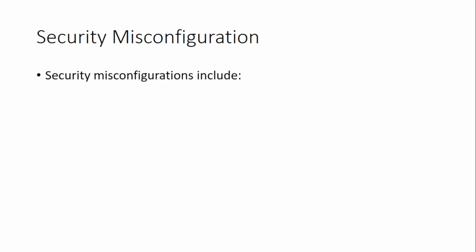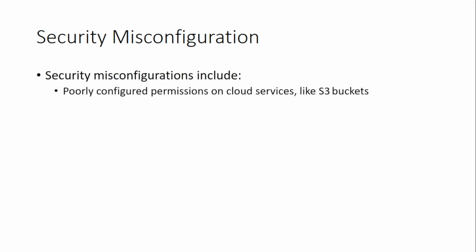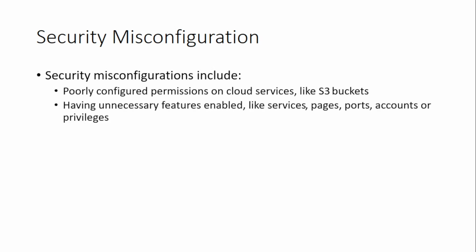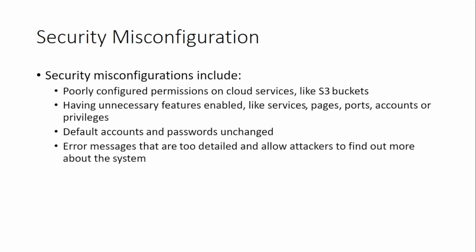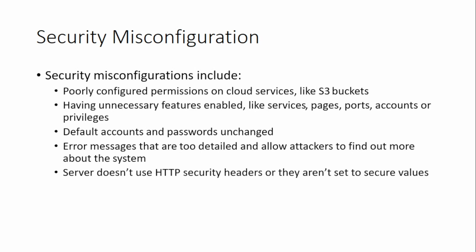Security misconfiguration includes poorly configured permissions on cloud services like S3 buckets, having unnecessary features enabled like services, pages, ports, accounts, or privileges, having default accounts and passwords unchanged, error messages that are too detailed and allow attackers to find out more about the system, and servers that don't use HTTP security headers or don't set them to secure values like HttpOnly. Also, the software can just be out of date and known to be vulnerable, and so on and so forth.